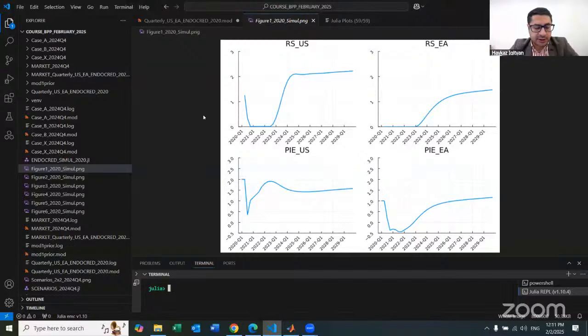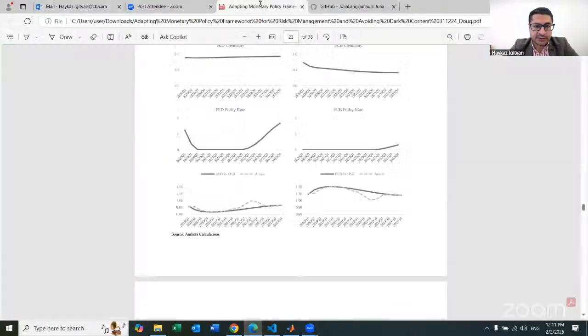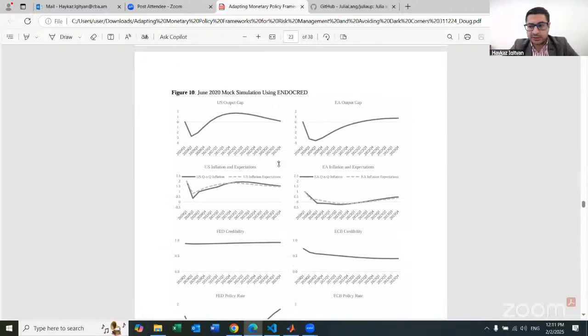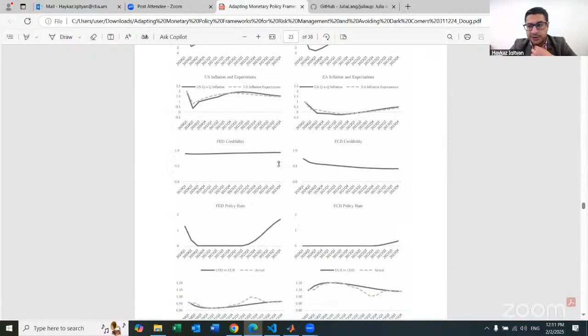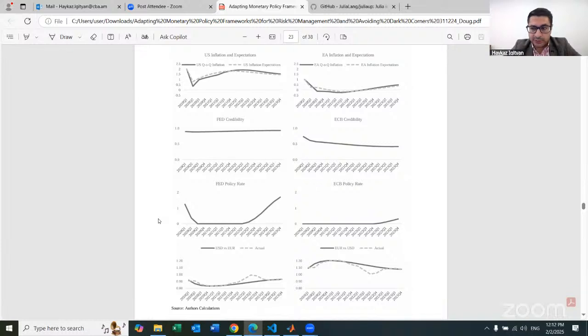So what we did here is replicate the results which we have in the Oxford paper. In this historical period, the stance of the monetary policy for the Fed is much more favorable. It had more credibility compared to the ECB, but also some policy space in response to the COVID shock to further decline interest rates.